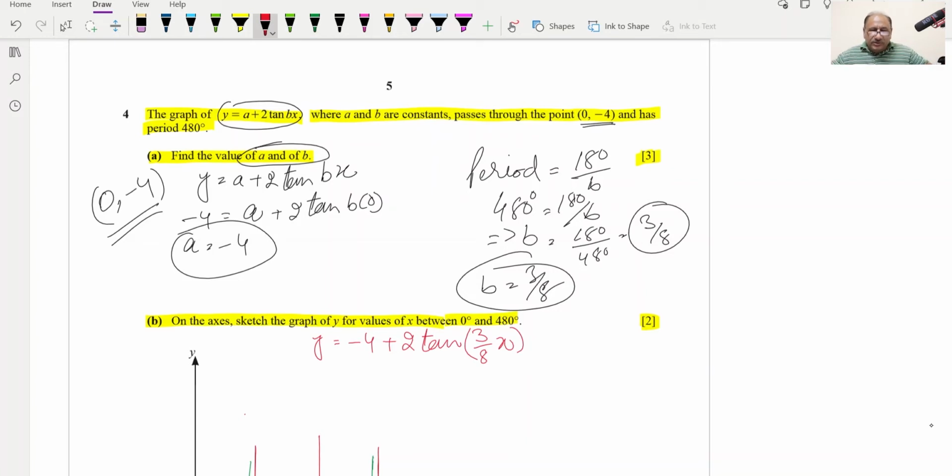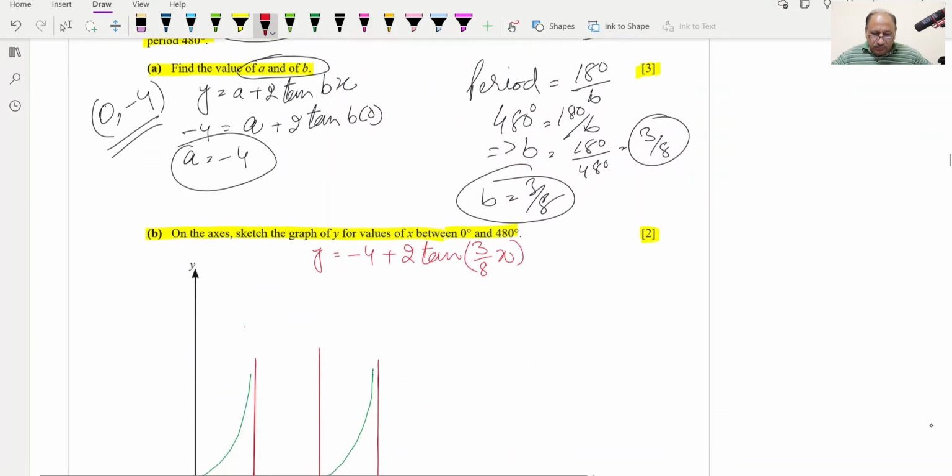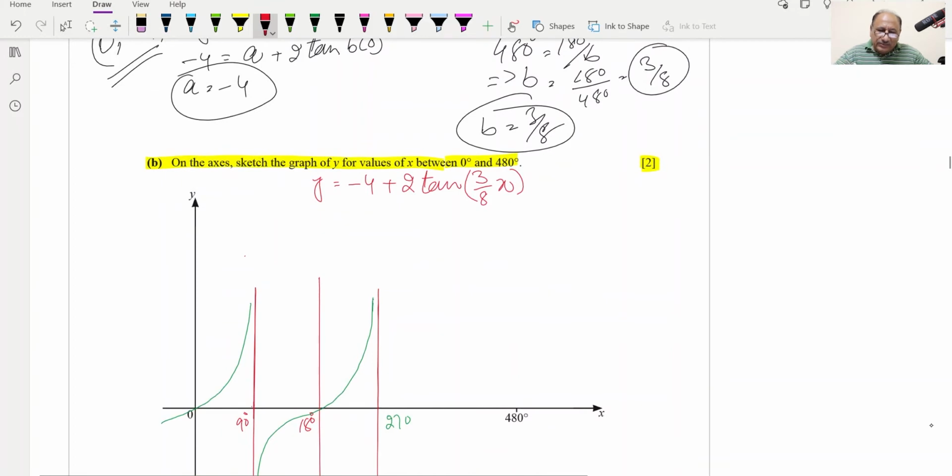And what does this equation tell us? It tells us number one thing, 3 by 8, this one, this is horizontal stretch.